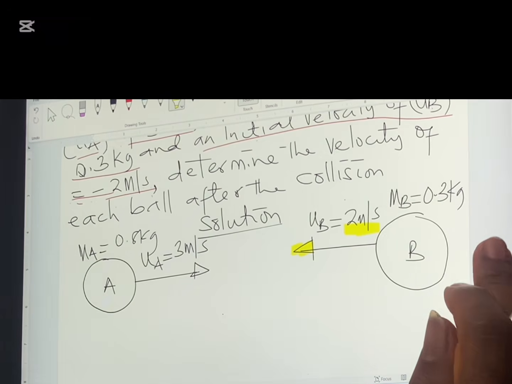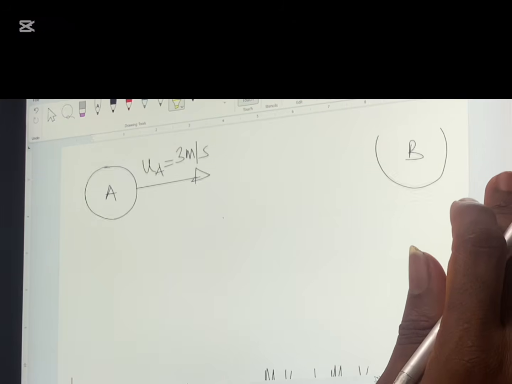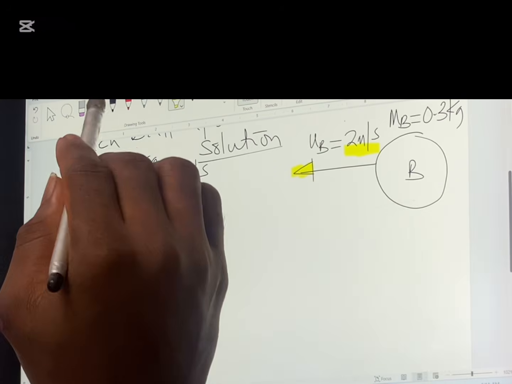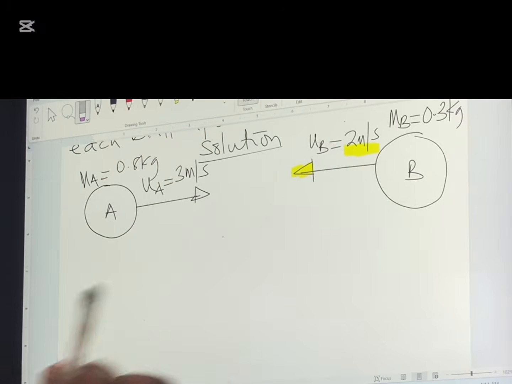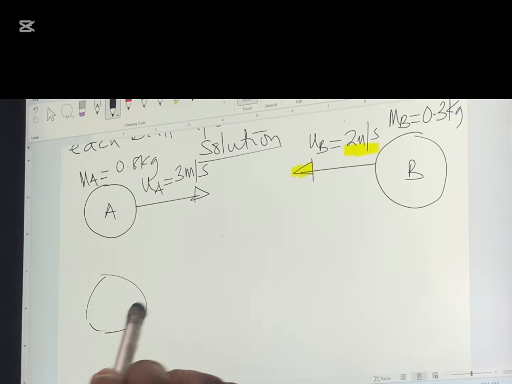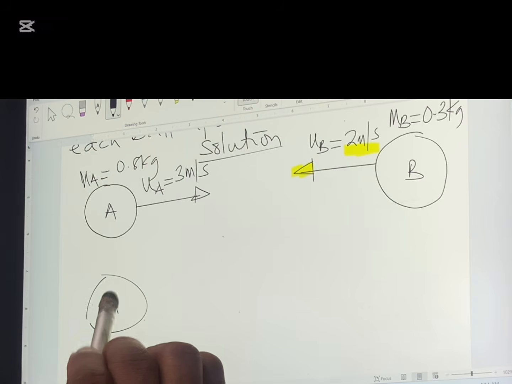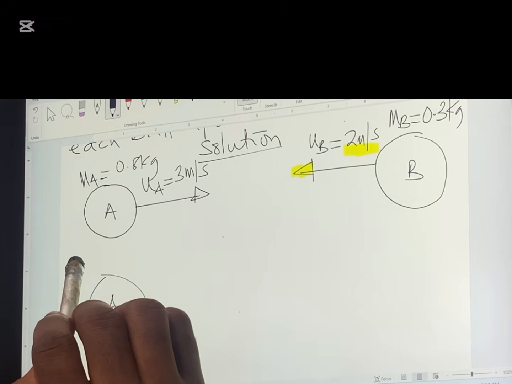So after collision here, we are going to have a sketch like this after collision. Remember, the mass remains the same. We are going to have the same balls, ball A and ball B. This is ball A. So mass remains the same.